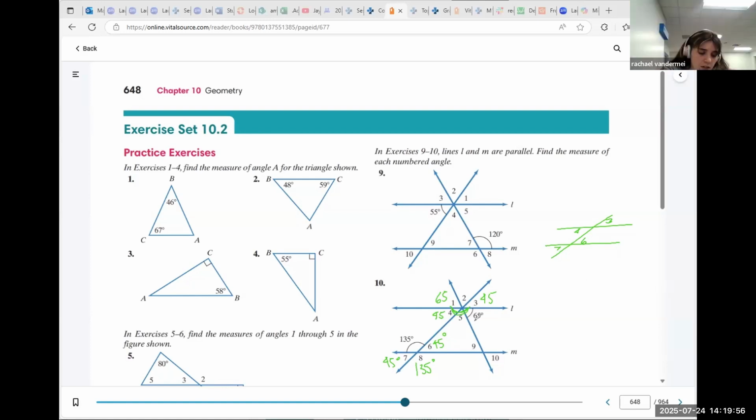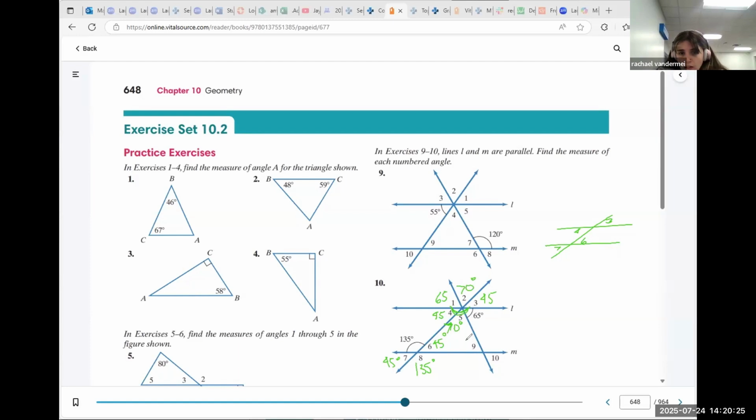It would be 70, and then 270 as well. Correct. And then angle 9 would be 45. What do these 3 have to add up to? Oh, sorry, 180. Wait, 70. Not 9. It looks like 90, but it's 70. So this one has to be 45.